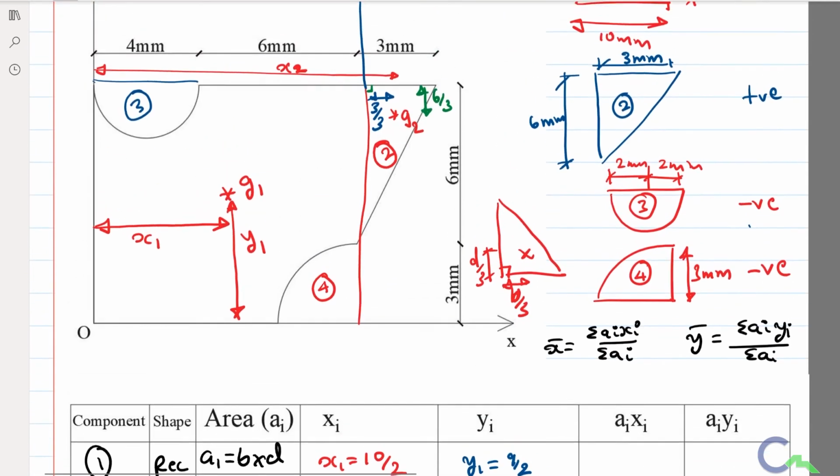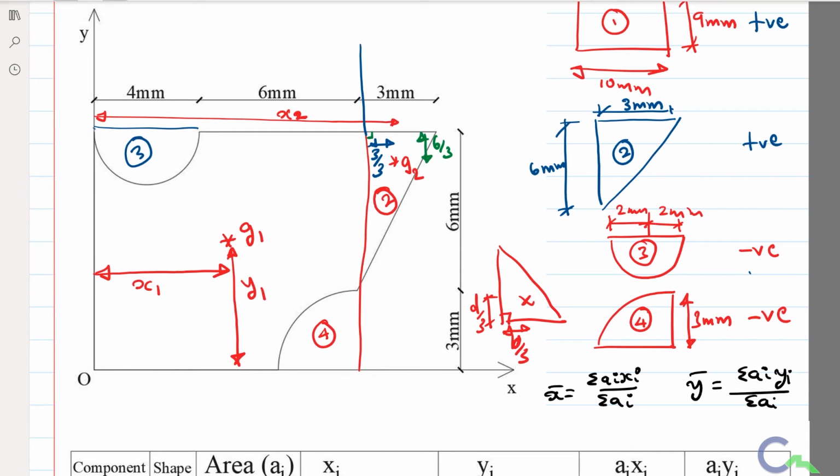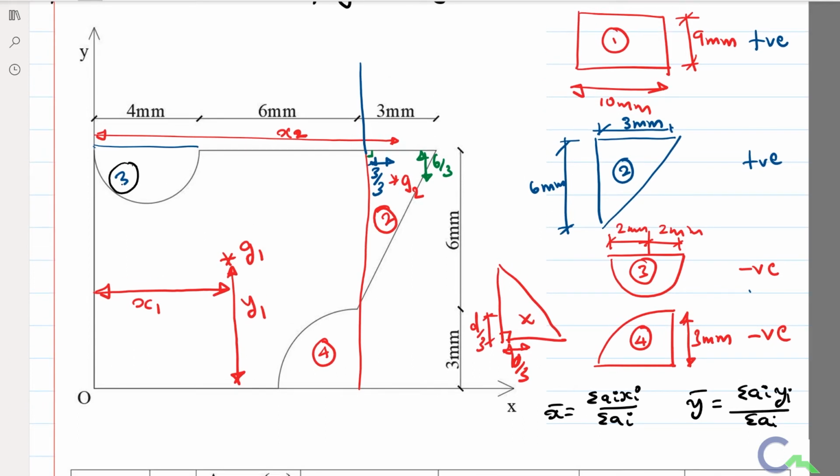So after completing the second component, I am going to consider our third component, that is a semicircle. So the semicircle is going to overlap on the rectangle. So I can consider CG of the semicircle somewhere here. So if it is overlapping, I have to deduct that area.